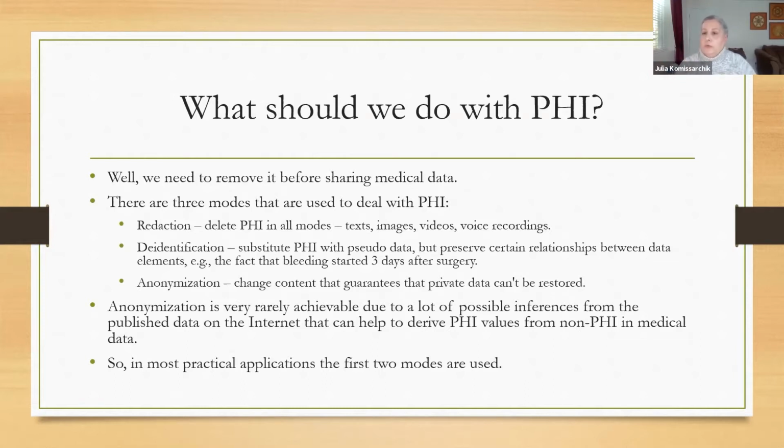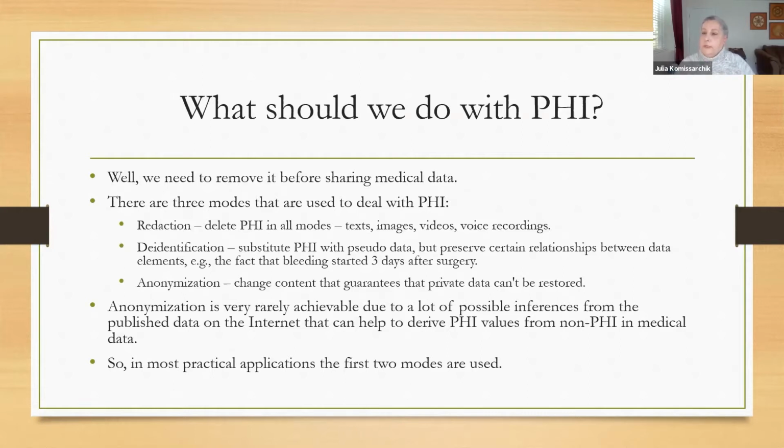Or if the date was 5/11/2021, we'll say it was 7/15/2061. That kind of identification. And anonymization, where the content is changed so that we can guarantee that the private information will never be restored. The third one, anonymization, is very rarely achievable because you might have some additional information.